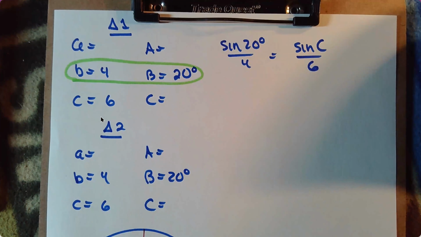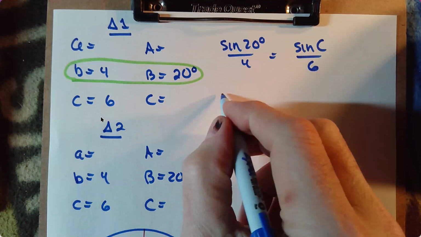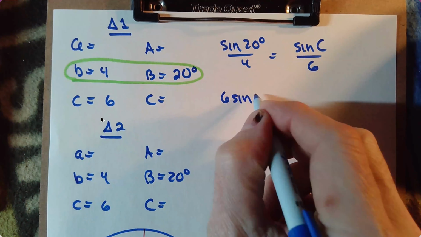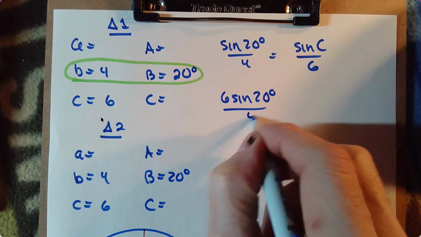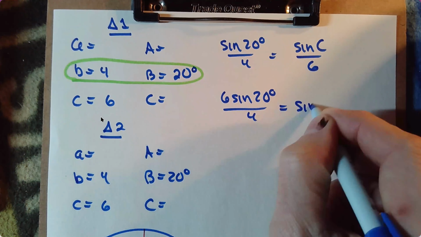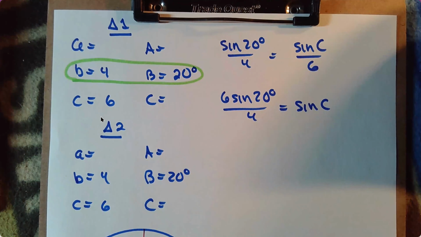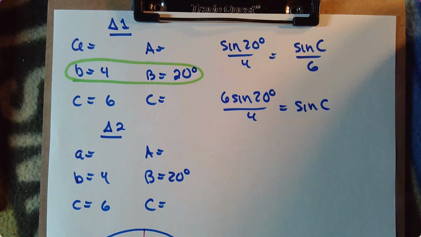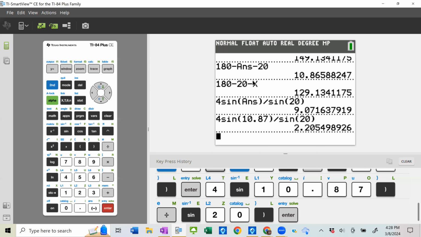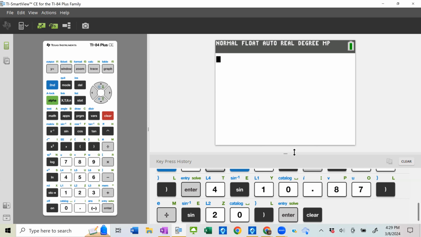Let's multiply both sides by 6. 6 sine of 20 degrees over 4 equals sine of C. Now, you don't necessarily have to write down the decimal value here, but it might be convenient just to be able to look at it. So let's clear out some of this stuff here.